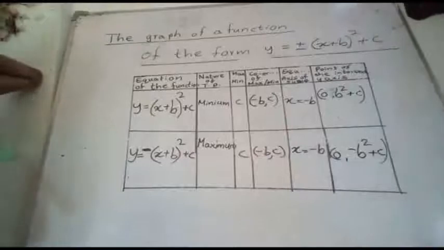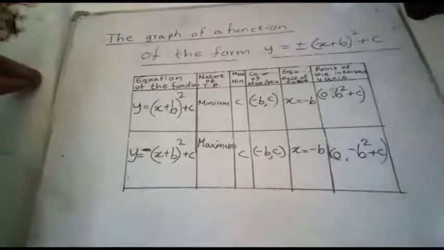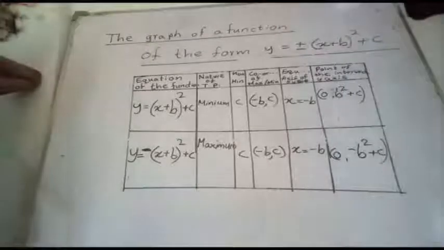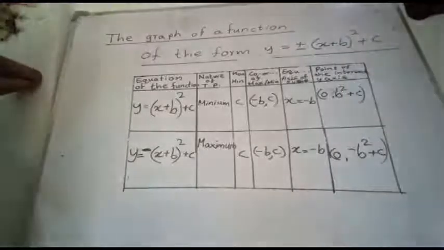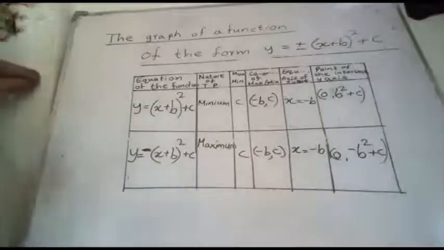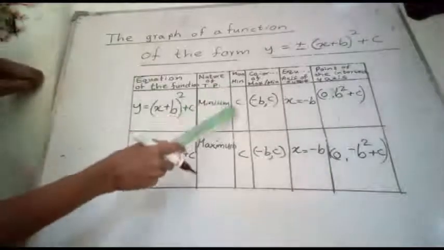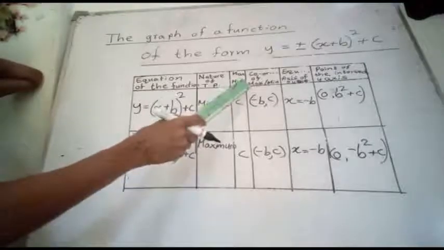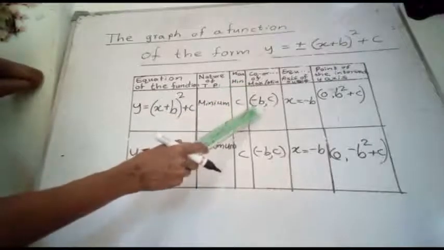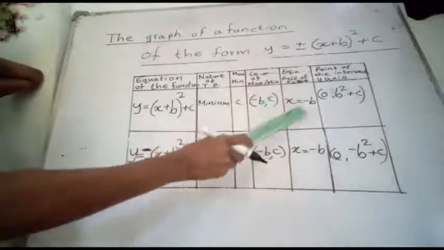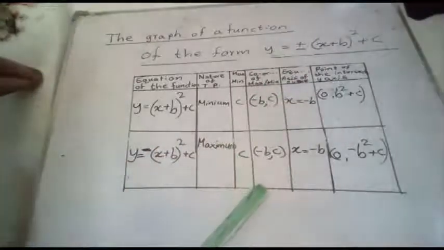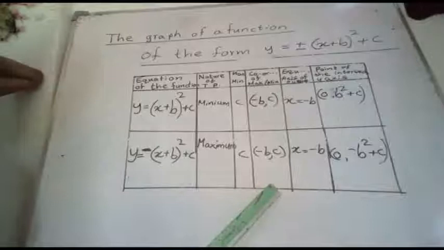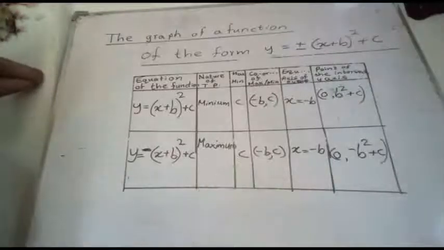Now we are going to do some exercises and practice this. When we have the equation of the graph, we can find the maximum value, the coordinates of the maximum or minimum value, the equation of the axis of symmetry, and the point where it intersects the y-axis.